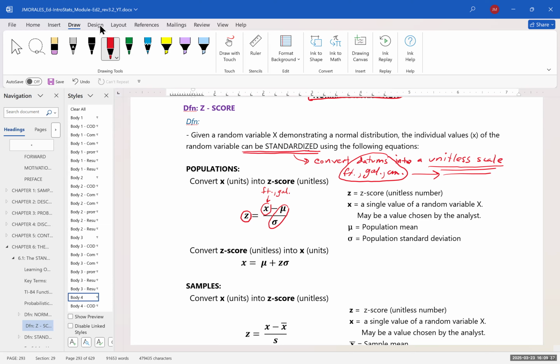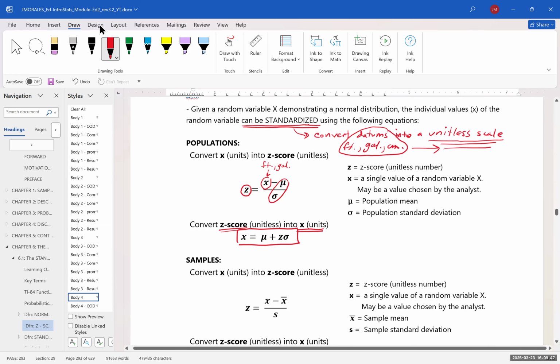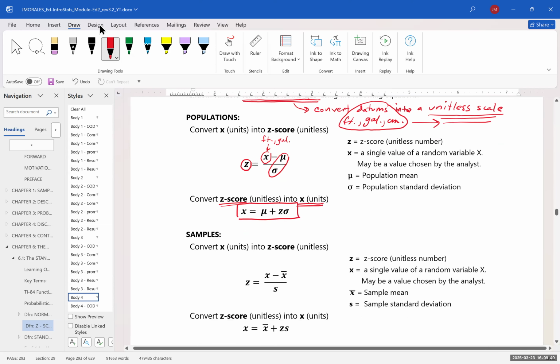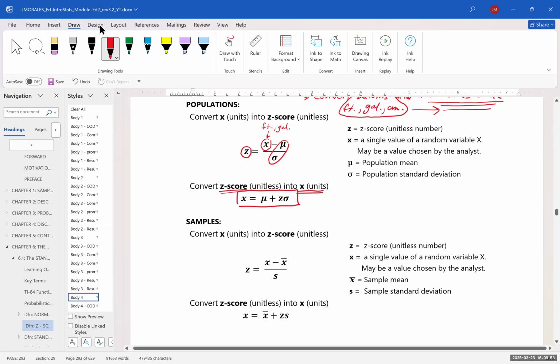If we want to convert a z-score back into a value of x, then we use this equation to do it. And the equations for doing it with population data or sample data is pretty much the same.